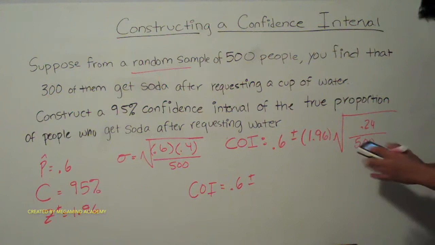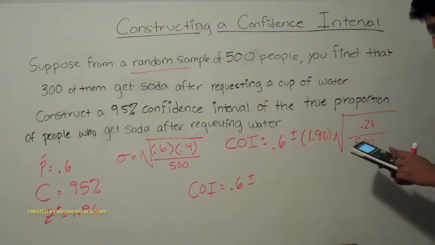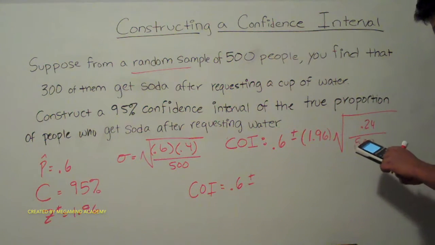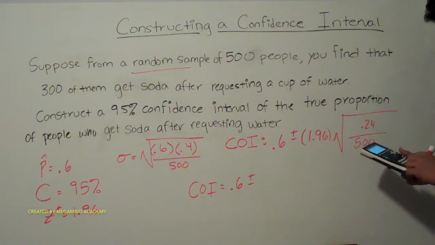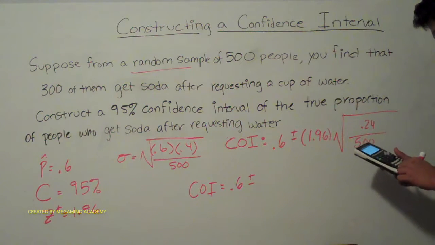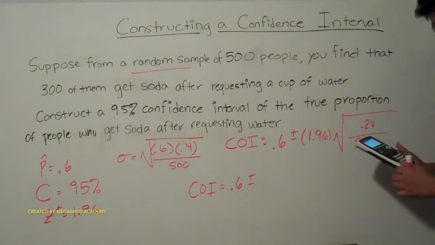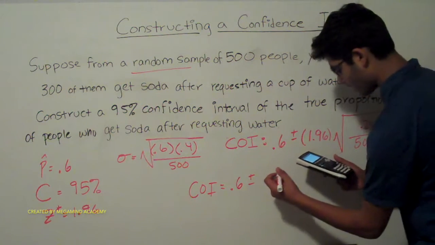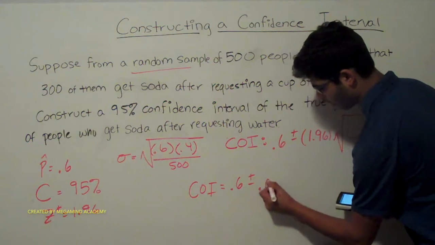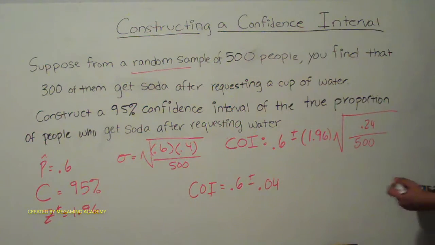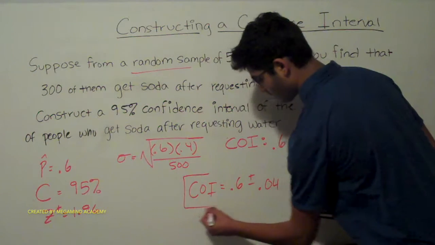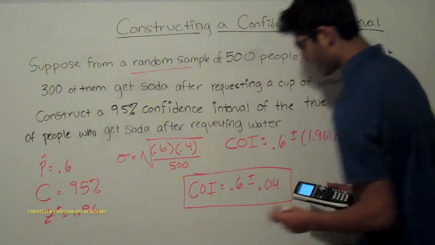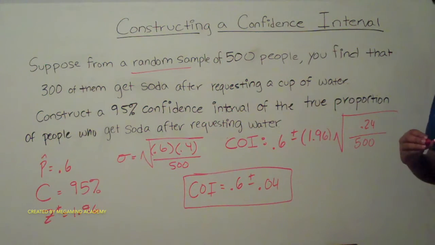So we get 1.96 times the square root of 0.24 divided by 500, which gives us plus or minus 0.04 approximately. So our confidence interval is 0.6 plus or minus 0.04.